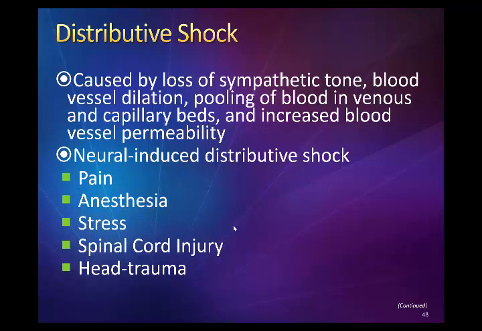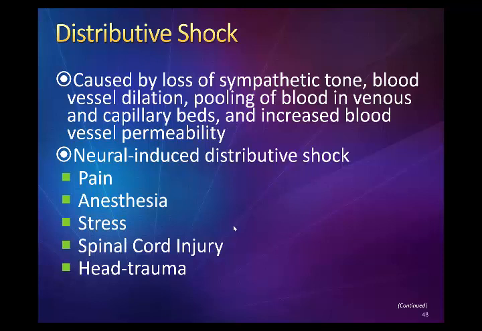So distributive shocks, neural-induced, we already said that it's a loss of sympathetic tone, so you know that already. But neural-induced, probably the neurogenic shock, the most frequent one that I know of, is spinal cord injuries.